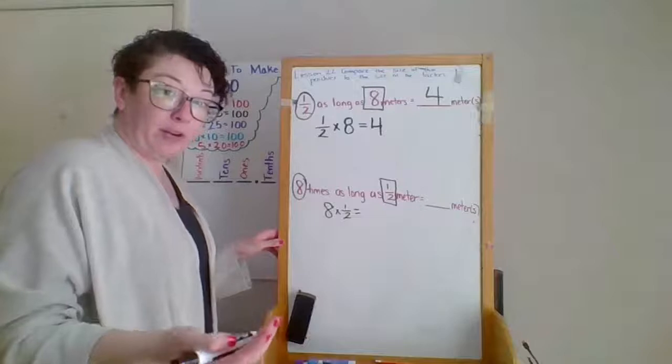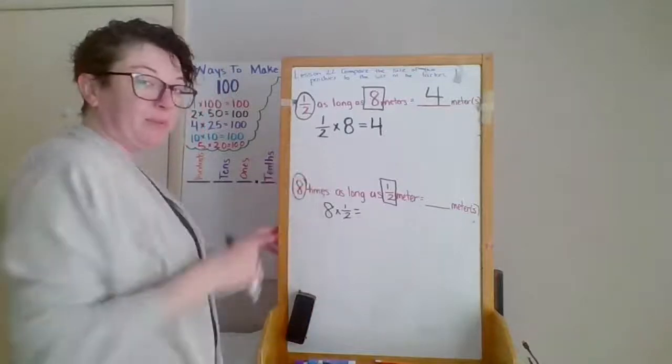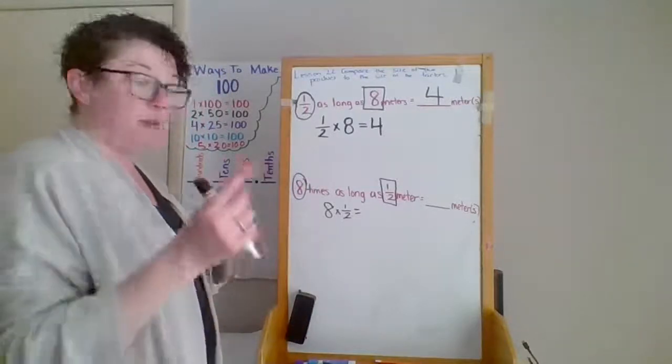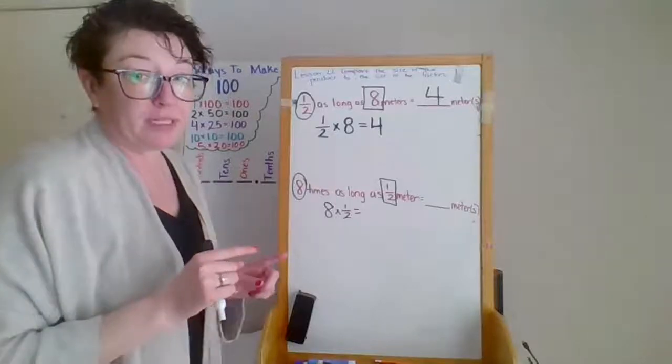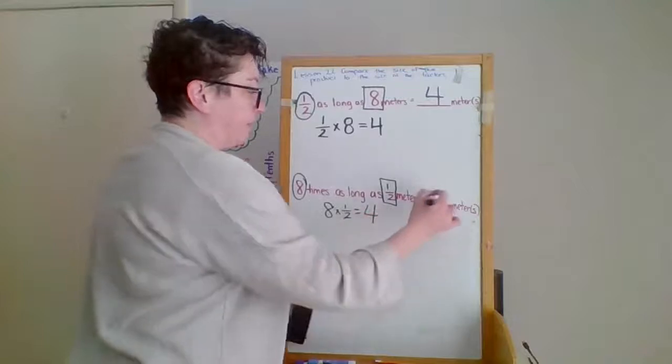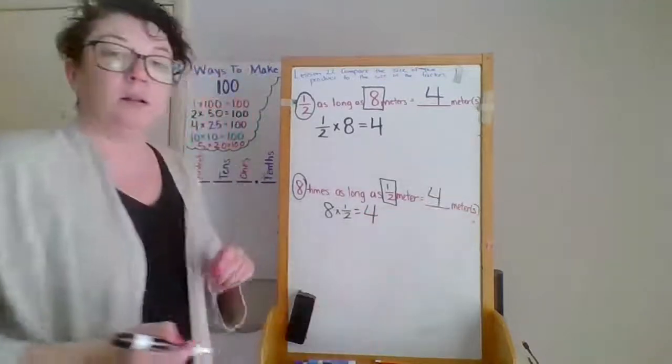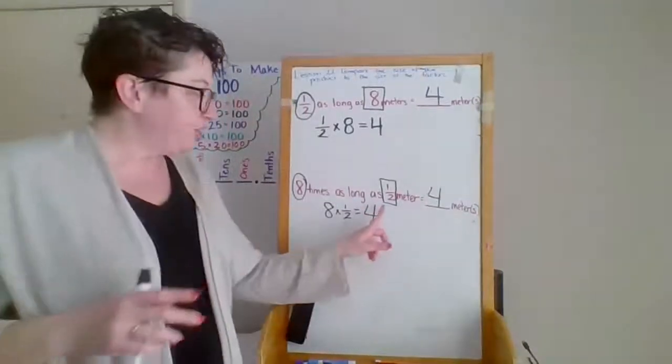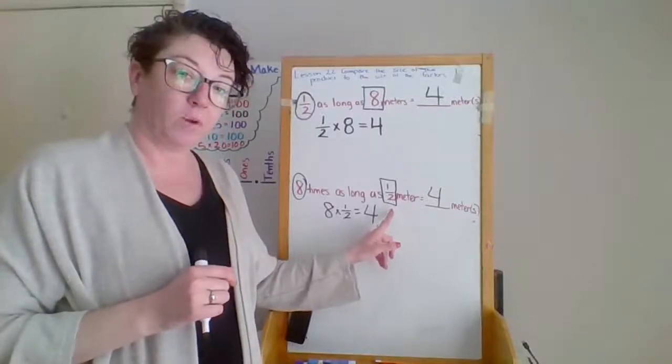And you might have already noticed that this really is the same multiplication expression as we already solved because multiplication is commutative and we can change the order of the numbers. So this is also going to be 4 meters. But look at what happened. My original measurement was only 1/2.